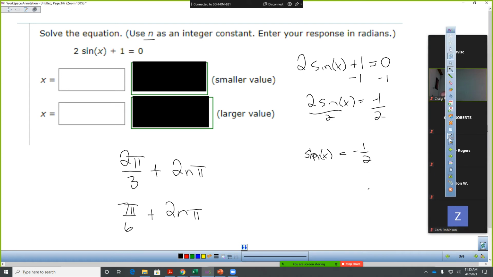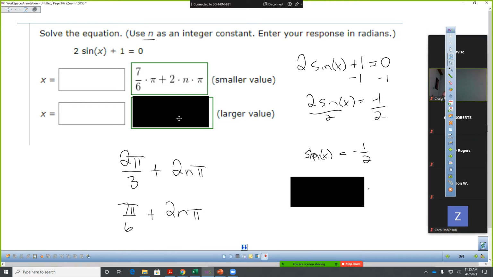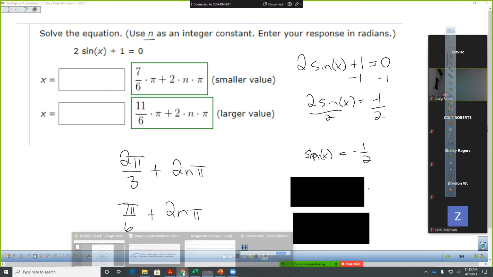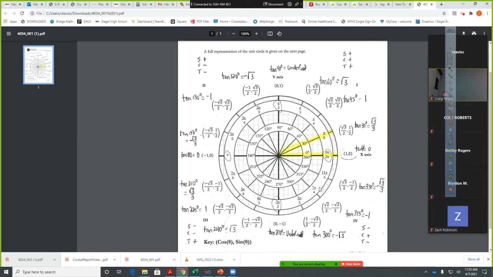So, and I believe if I move that, that's what they're looking for. So, well, I got 7 pi over 6. 11 pi over 6. Let's see if I messed up somewhere. Where's 11 pi over 6? -1.